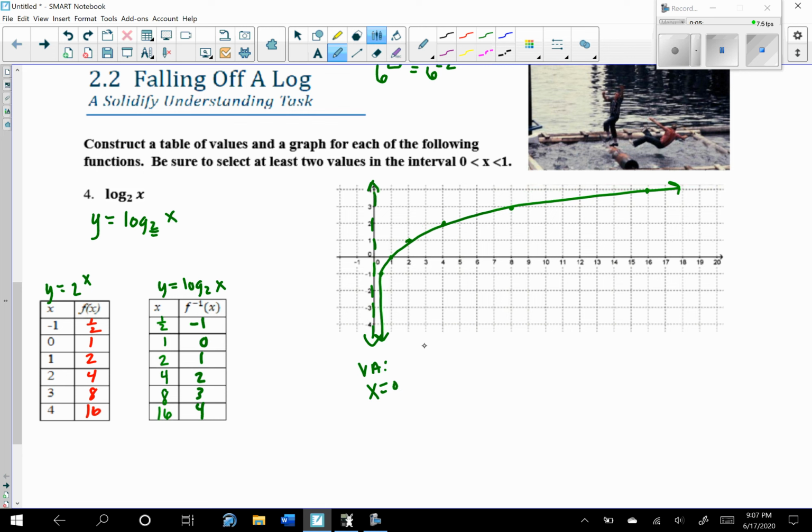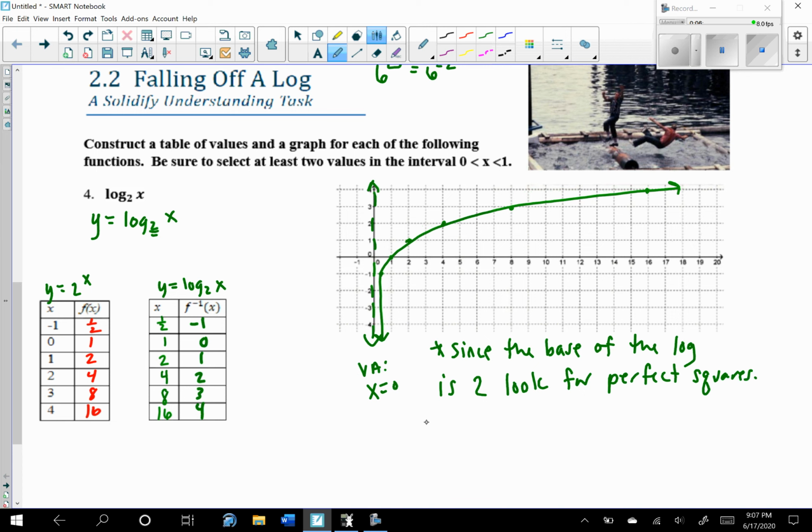And so again, since the base of the log is 2, we're going to look for perfect squares.